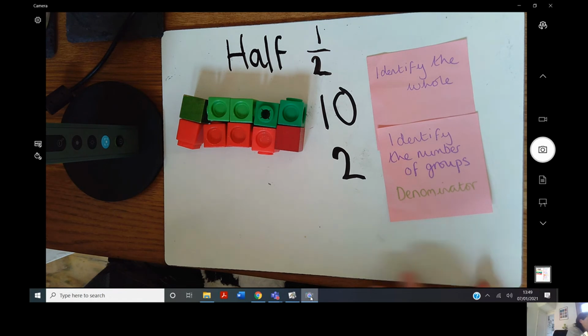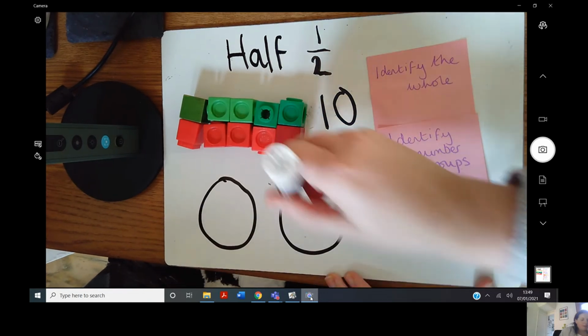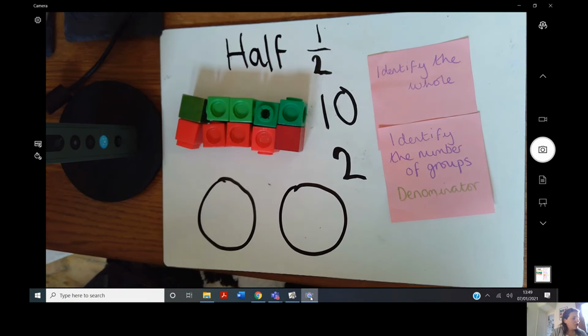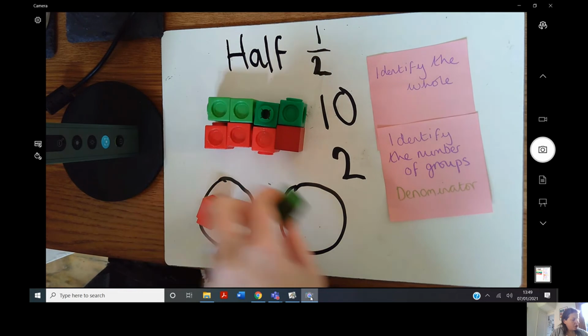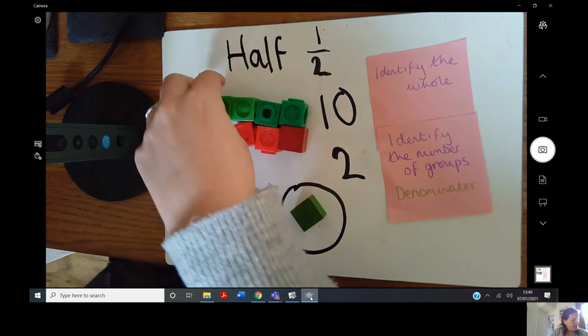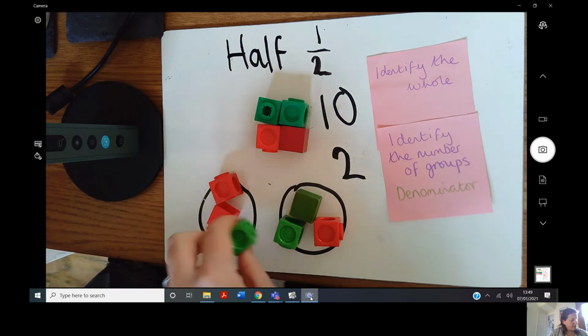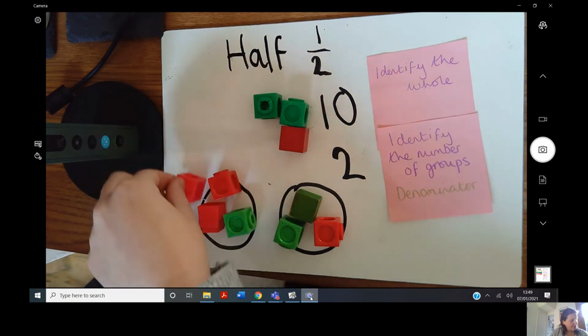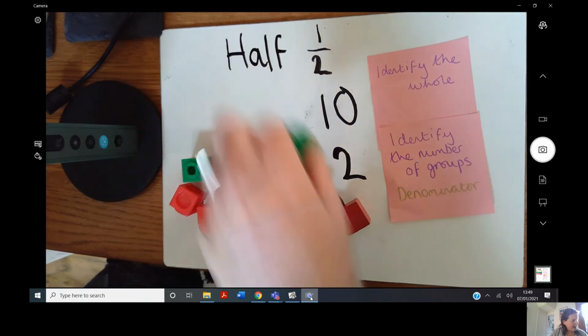I'm drawing 2 circles here, and I'm going to split them between 2 groups. 1, 2, 3, 4, 5, 6, 7, 8, 9, 10.